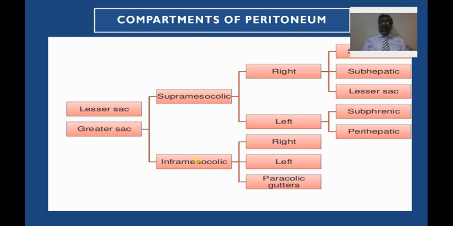While on the left side, it is divided into two. One is subphrenic, the other one is perihepatic area. While the inframesocolic portion is divided into right, left, and paracolic gutters.